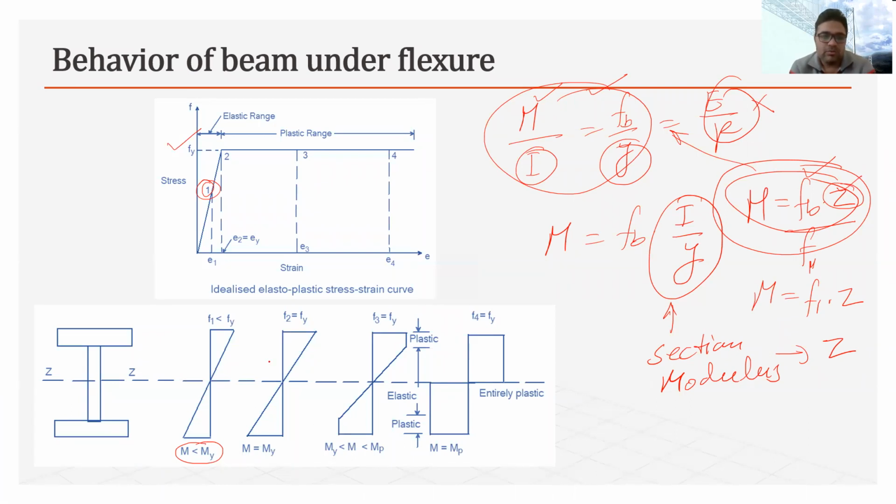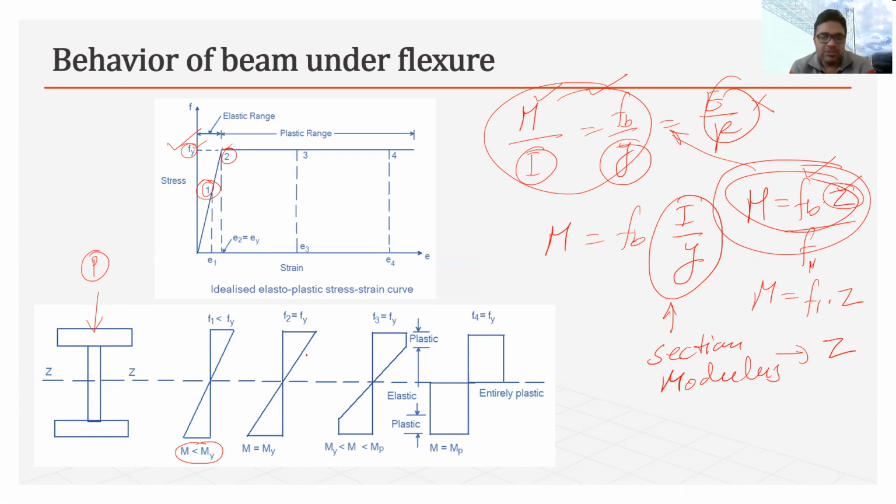Now if we take the second point, at this point you can see the stress corresponds to the yield stress. At that time we will say that the load, this P load, is further increased, and after increasing that, the stress which is generated will be equivalent to the Fy at point 2.